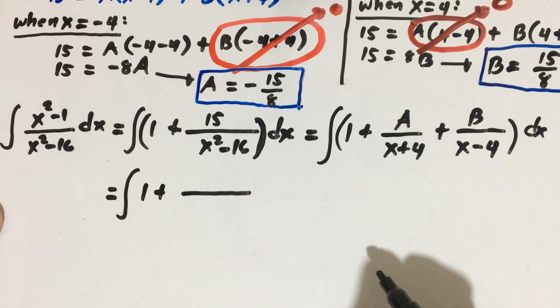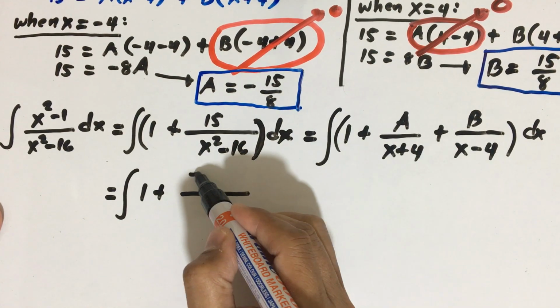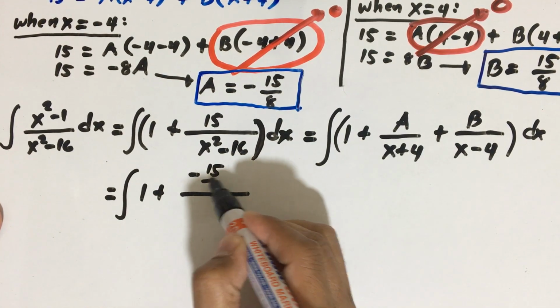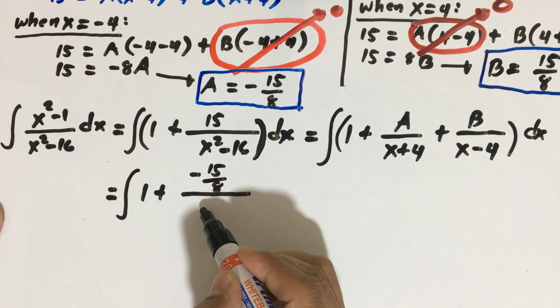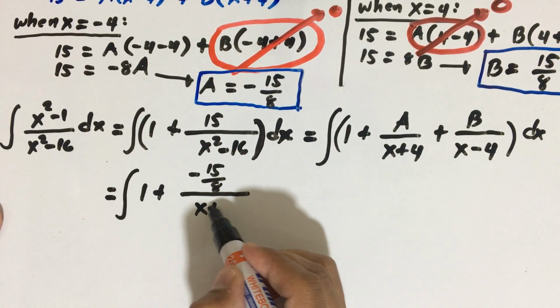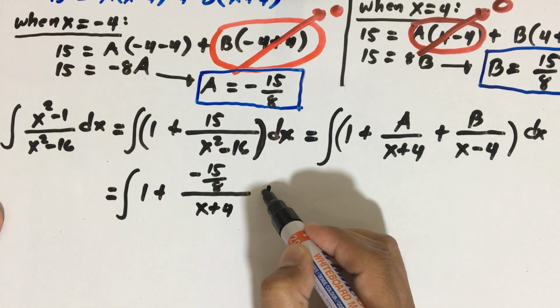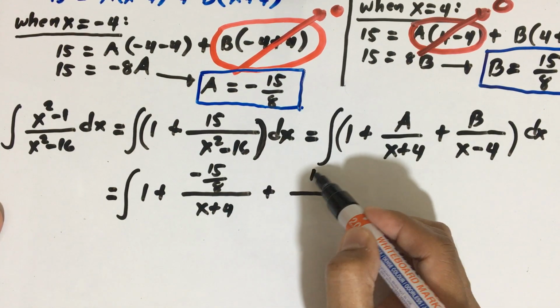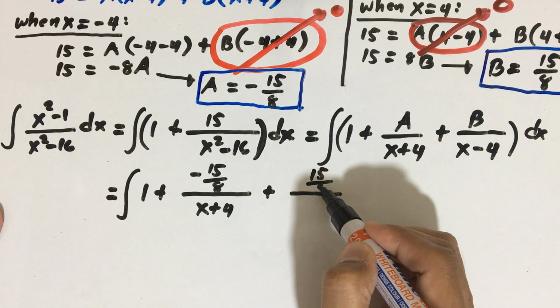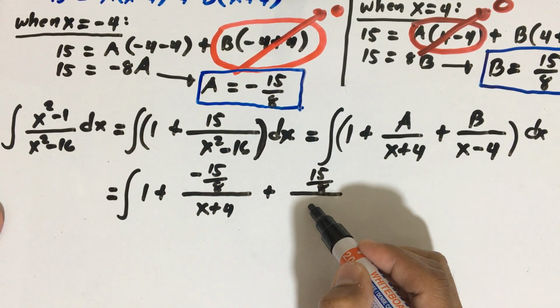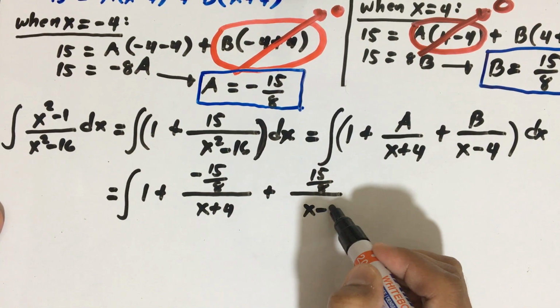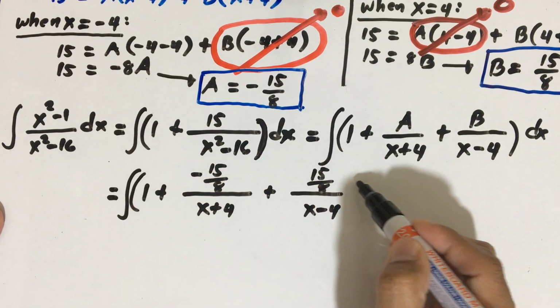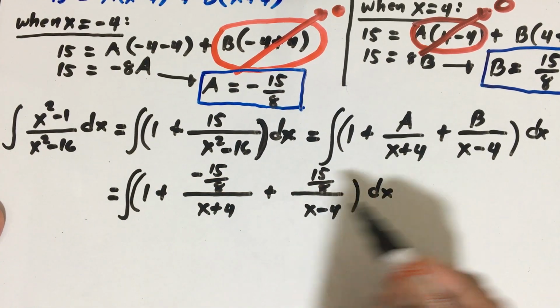Our a is equal to minus 15 over 8 divided by (x plus 4), then plus, what is our b? Our b is 15 divided by 8, divided by (x minus 4), and everything is multiplied by dx.